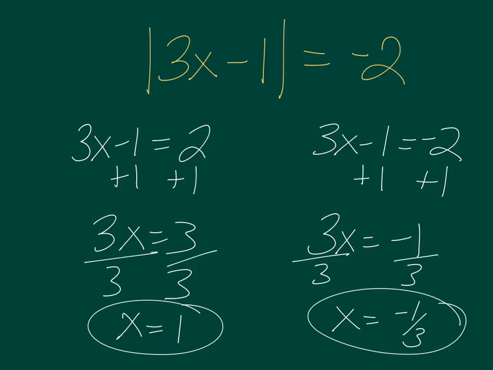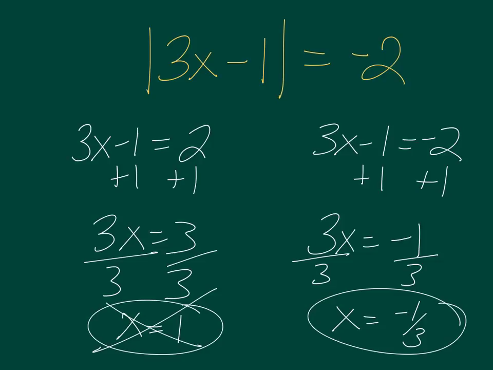But if you were to check these back in the original problem, if you plugged in a 1, so 3 times 1 is 3, and 3 minus 1 is 2, and when I take the absolute value of 2, I get 2, not negative 2. So that doesn't even check in the problem, so I couldn't use that as an answer.